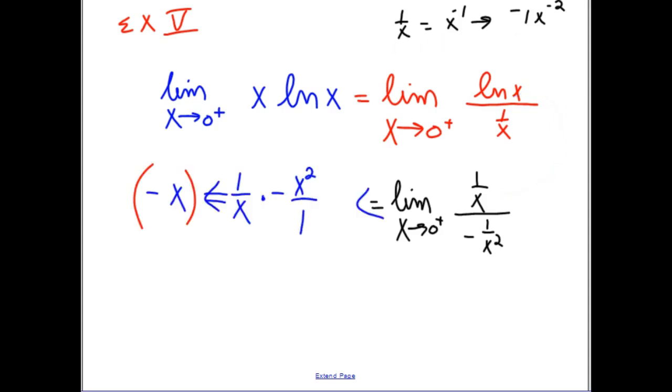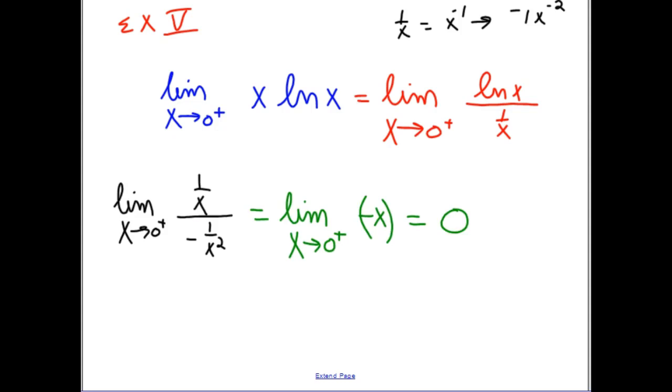Do a little simplifying. Bring this up into the numerator, because it's 1 over x squared, so it's just x squared in the numerator. This x will cancel out with one of those and just leave x. Now, let x go to 0, and I actually get 0 as an answer.